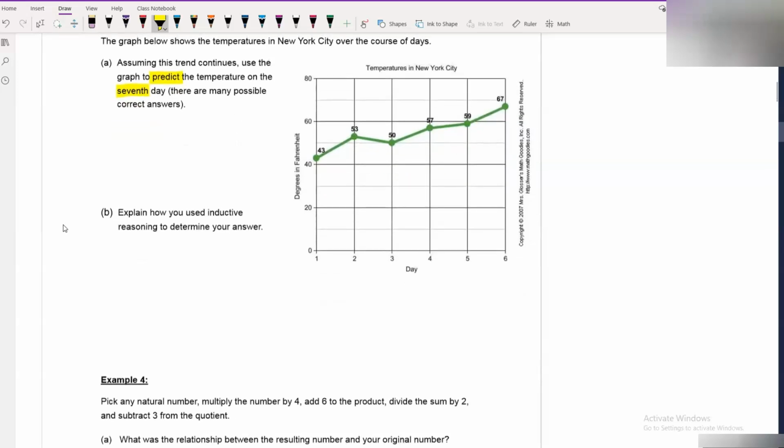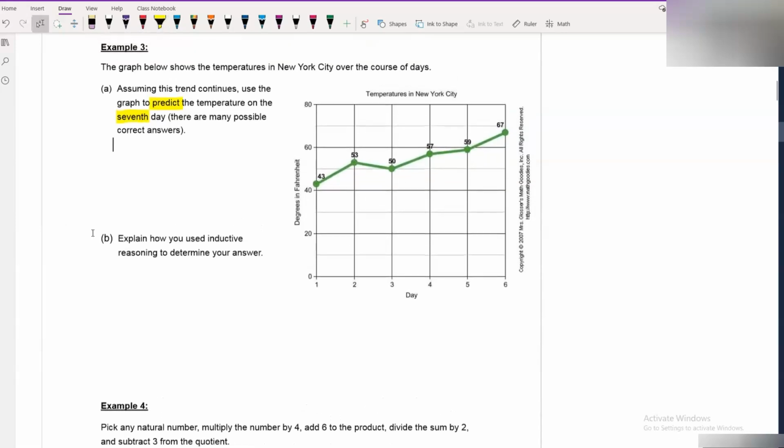What we have here is based on what is given on this part. This is first day, second, third, fourth, fifth, and sixth, and it's asking to find temperature, because on the vertical line, this is degrees in Fahrenheit, and that is temperature. We have to find what we have here for the 7th day.